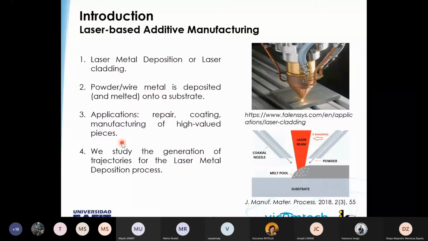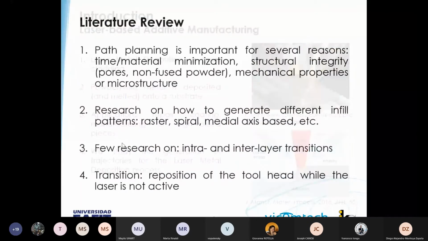Based on this wide range of applications, we focus on a particular thing. We wanted to study and to develop the path planning for the laser metal deposition process, in particular for a 2.5 axis machine. So here, let's say a brief survey of the literature. We found, first of all, that path planning plays an important role for several reasons.